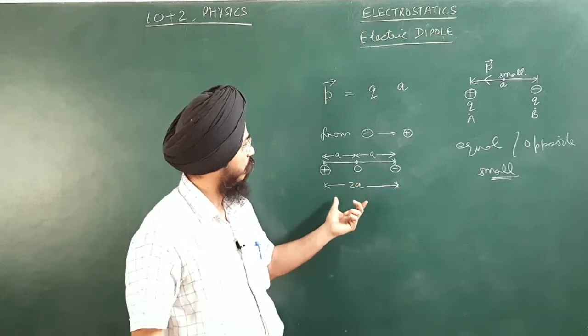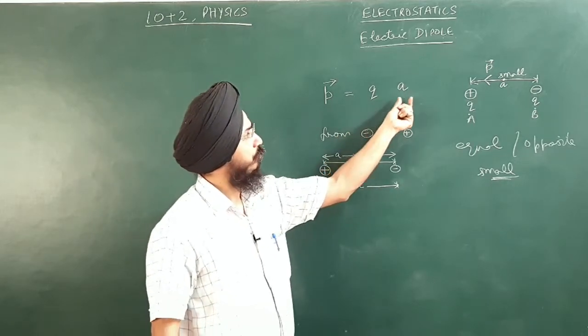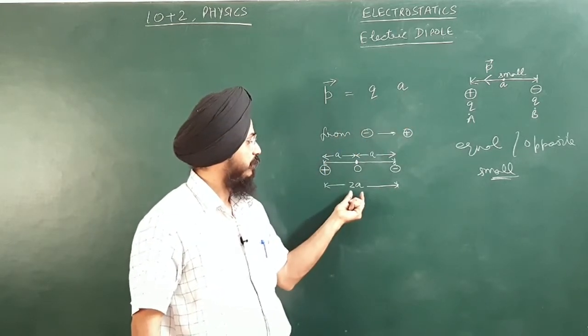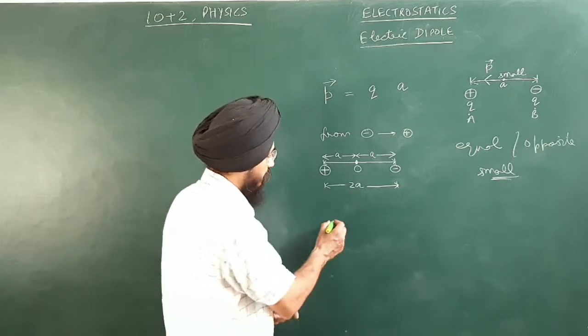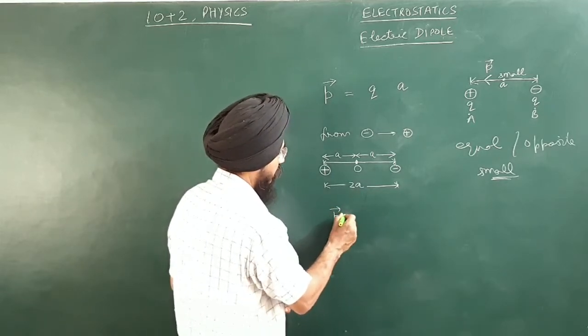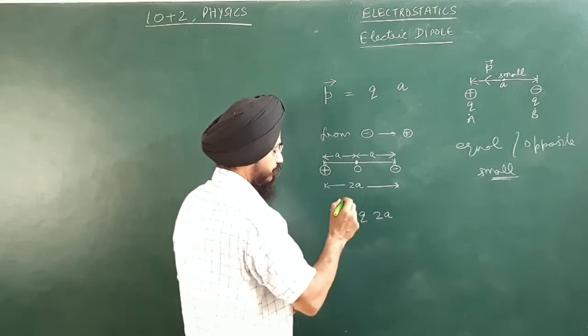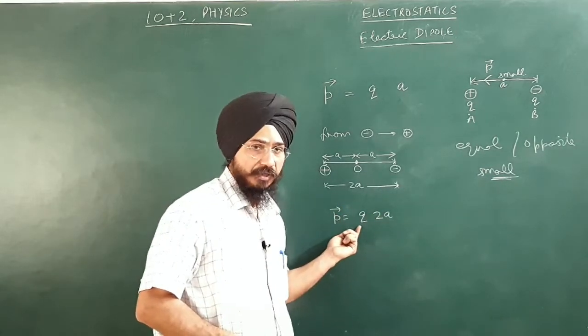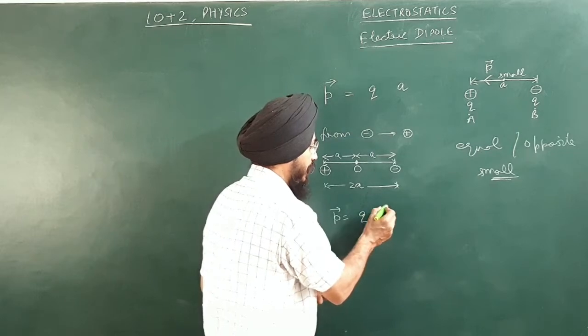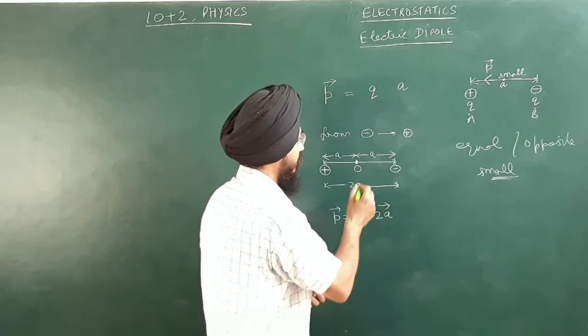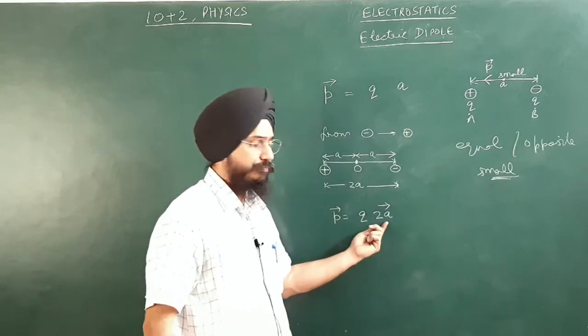So the dipole moment is q into the distance. If we take the distance as 2a, then the dipole moment of this assembly will be q into 2a, and here charge is not a vector quantity but the length, which is the displacement, is a vector quantity.